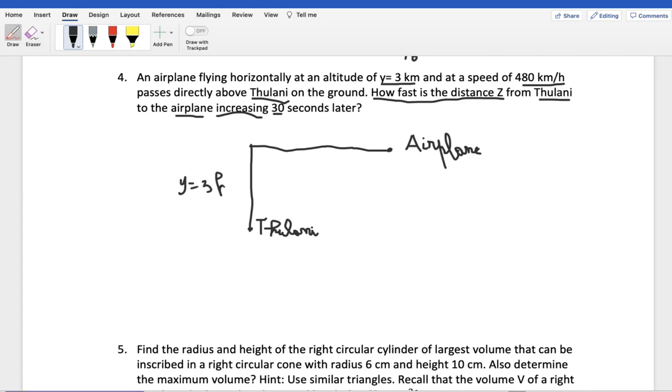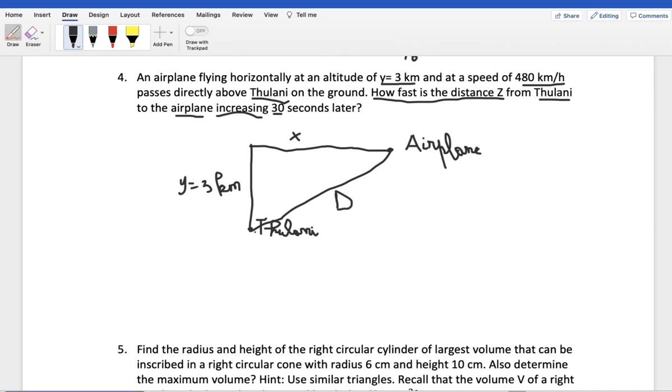If we represent the horizontal distance between the airplane and Tulani as x, we now have a triangle that looks like this.